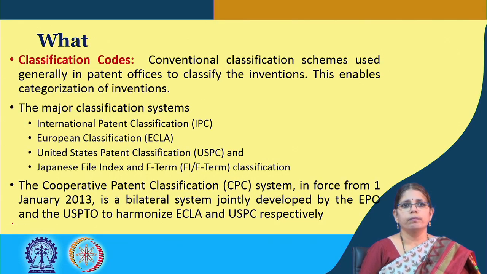More recently, in 2013, there was a joint development of what we call the cooperative patent classification system, which brought the ECLA and the USPC into one harmonized category. Today, most patent offices are beginning to use this cooperative patent classification system.